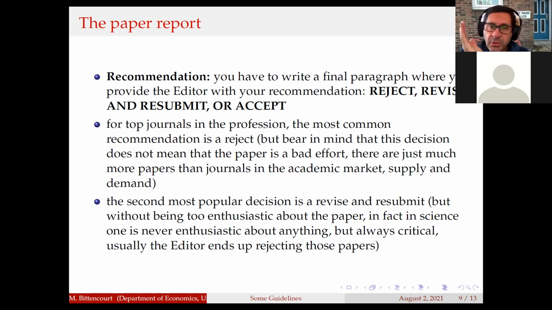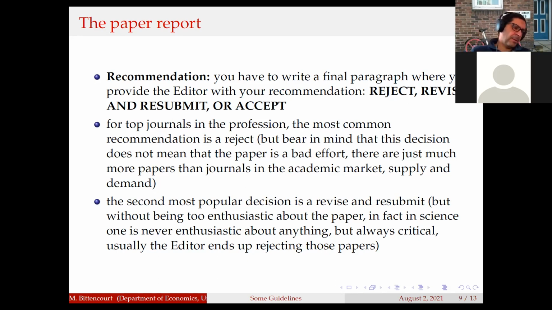The second most popular decision is a revise and resubmit, or R&R, but without being too enthusiastic about the paper. You provide an R&R because you are feeling generous on a particular day. But in fact, in science, one is never enthusiastic about anything, but always critical. Usually the editor ends up rejecting those papers anyway, right?